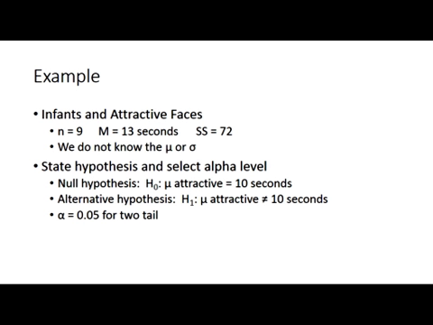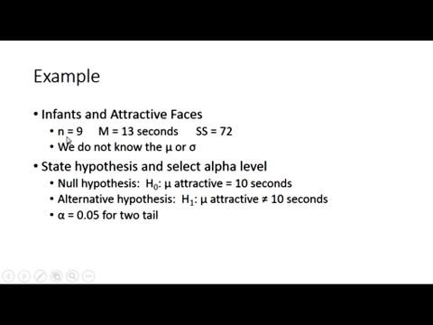The null hypothesis was that there would be no difference in how much time the infants spent between the different types of faces, attractive or unattractive. So they estimated that the 20 seconds would be split in half. If there's no difference, they would look at all the faces about 10 seconds.